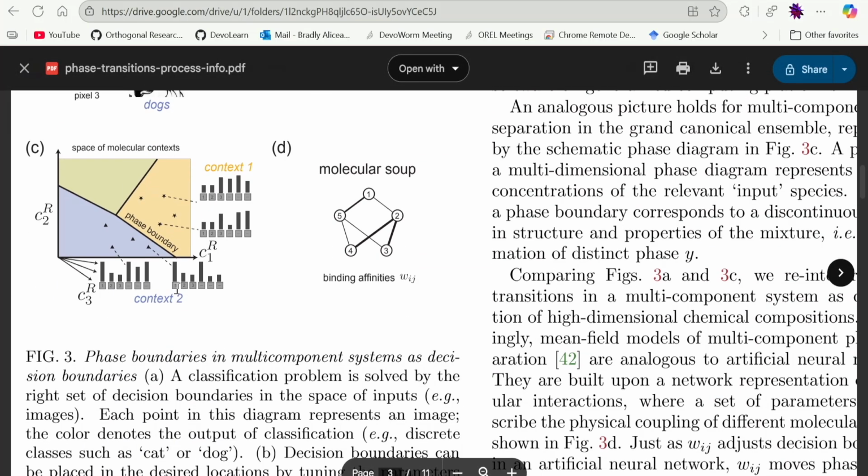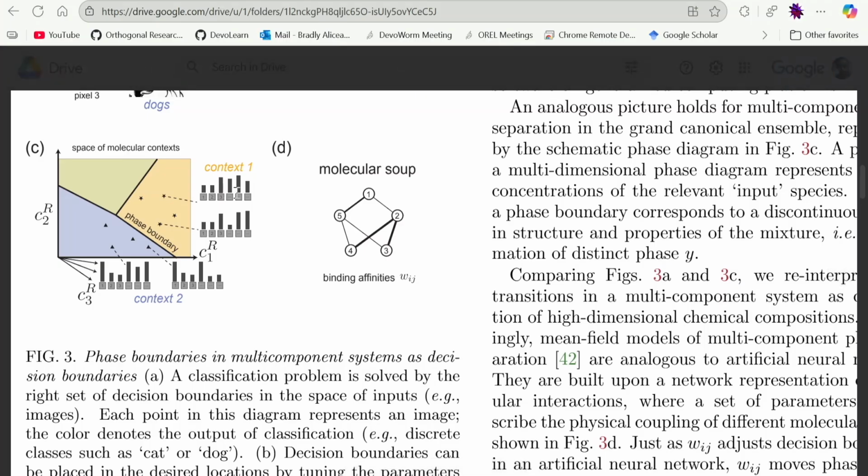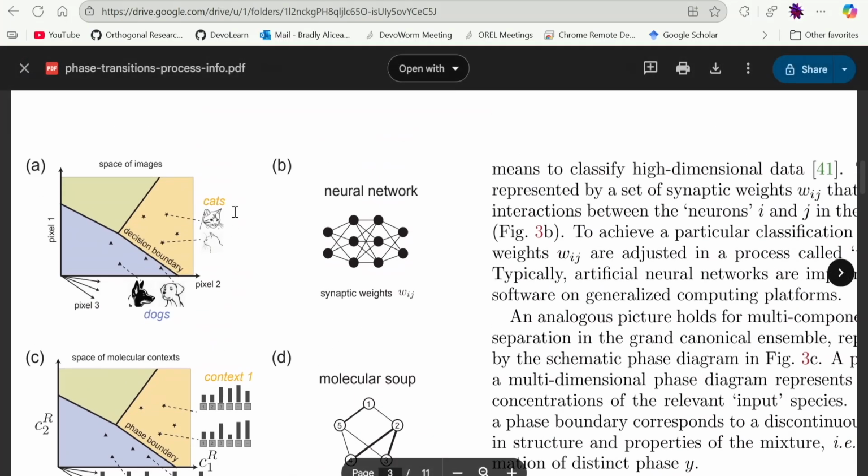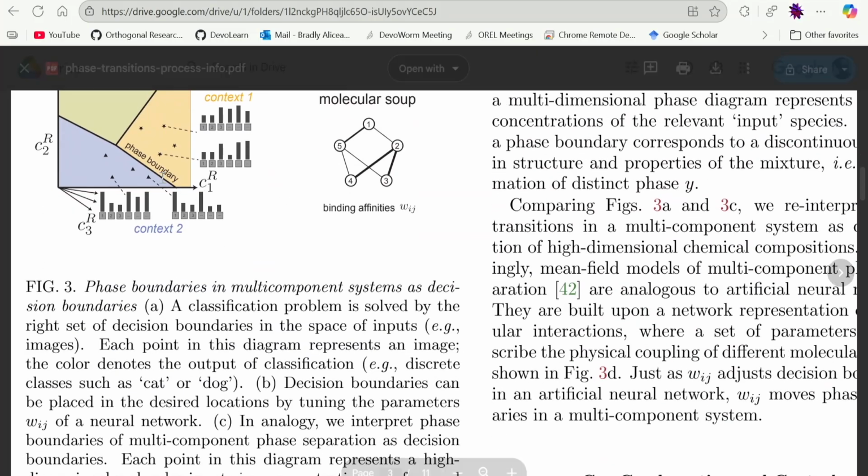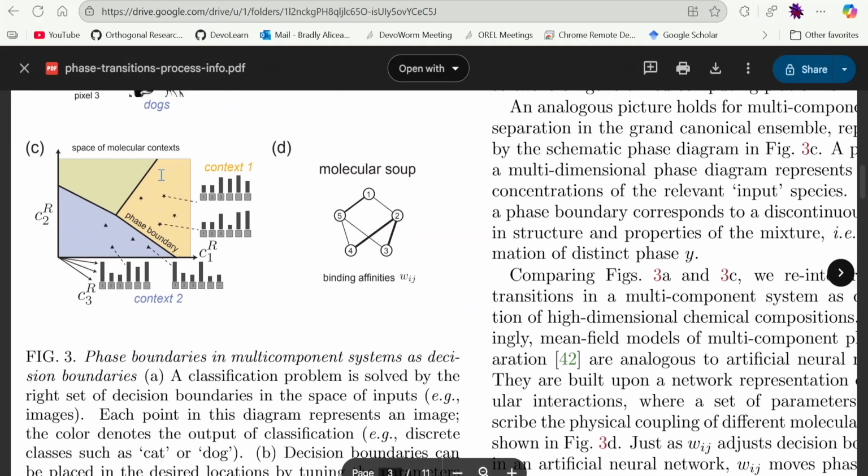And then this gives the model another set of information, which allows it to make a decision whether it should switch from context 1 to context 2. So it has this ensemble of information available to it. And from that ensemble, much like the feature space of these images, it can go from one decision-making context to another. And it can switch across this phase boundary when there's a phase transition.